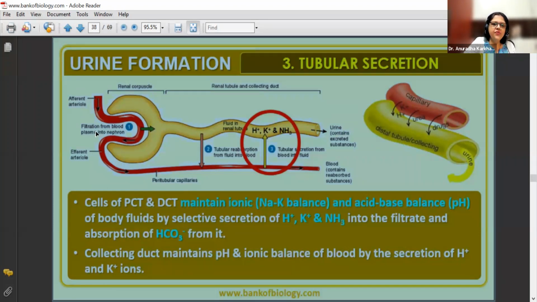So filtration is from blood plasma into the nephron, tubular reabsorption is from the fluid into the blood, and then tubular secretion is from the blood into the fluid. Some things are coming out while some things are entering the tubule. So, the body fluids by selective secretion of H+, K+, NH3 into the filtrate, and the reabsorption of HCO3- from it. The collecting duct maintains the pH and ionic balance of the body by secreting K+ ions.